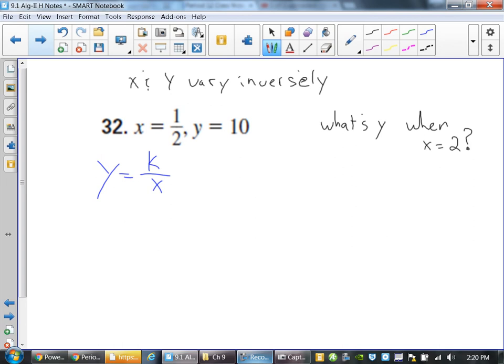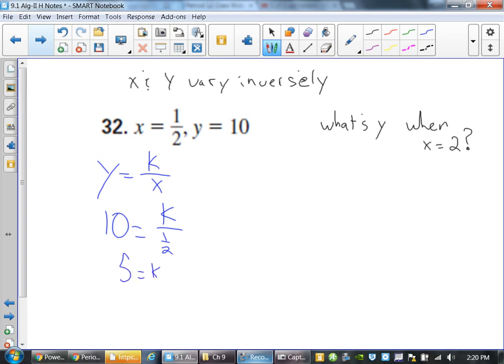So we substitute and solve for k. Remember earlier, if you solve the equation literally, you just multiply both sides by x. So what's half of 10? 5. So your value of k here is 5.